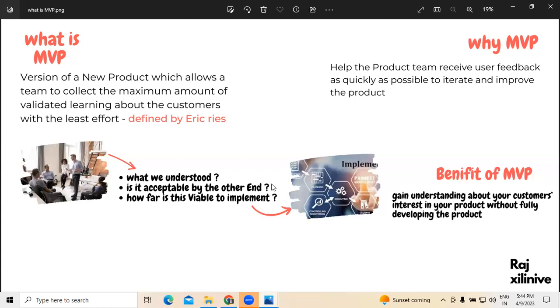Sometimes there are possibilities that the MVP can be extended to the next level, or the MVP might even fail. If the MVP works, whatever we understood, we will continue from there onwards. Otherwise, it will stop there, right? So these are the two differences we have to understand.